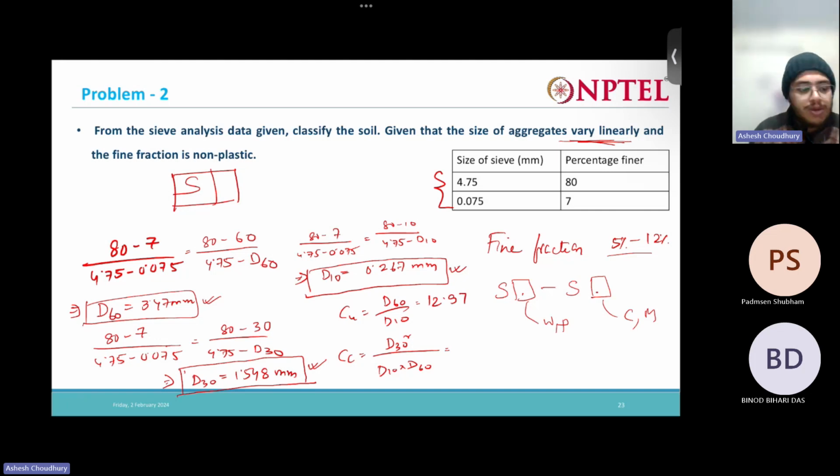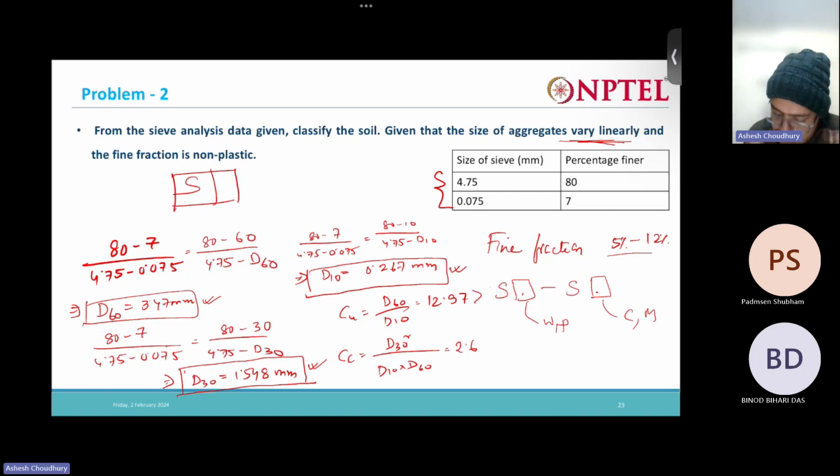And what is Cc? D30 square by D10 into D60. It is 2.68.